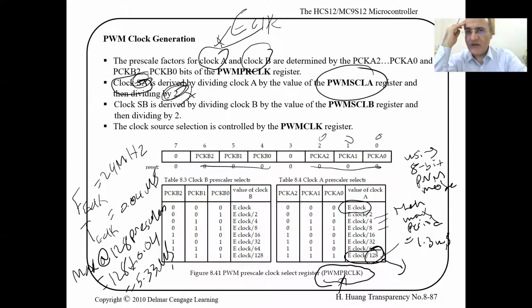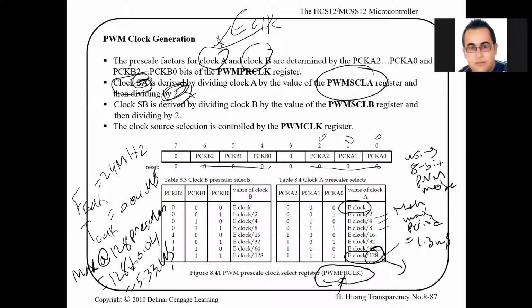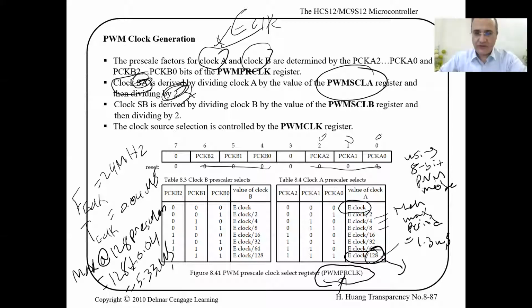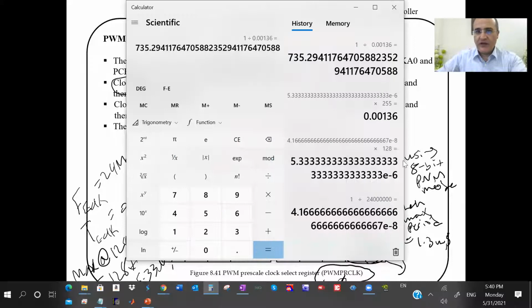Anybody wanted to say anything? Student: Doctor, this frequency and this speed are for the output waveform, right? Yes, yes. If you use clock A as is, with 128 prescaler, and you allow it to count to the maximum 255, I multiplied by 255, didn't I?